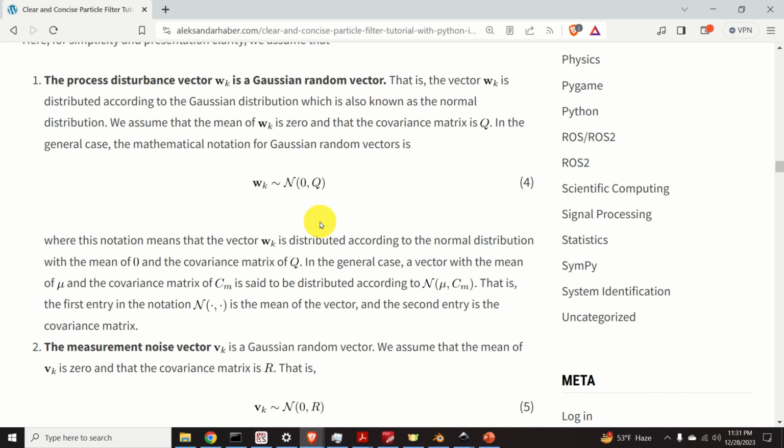In the general case, a vector with the mean of mu and the covariance matrix Cm is said to be distributed according to N(mu, Cm). That is, the first entry in this notation is the mean and the second entry is the covariance matrix.